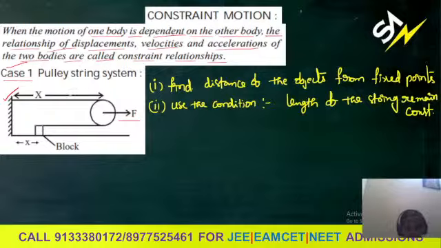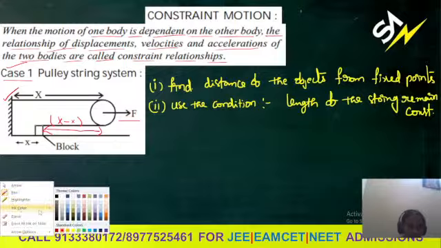You can take it at X distance, and the block is at what distance from the pulley? By the application of the force on the pulley, the system will move together, meaning one body is dependent on the other body. This total is X, until here it is X. Now the block distance from the pulley, we can take as x minus X.